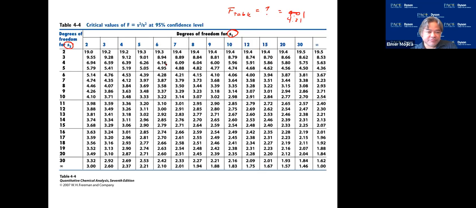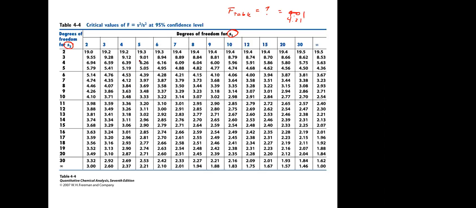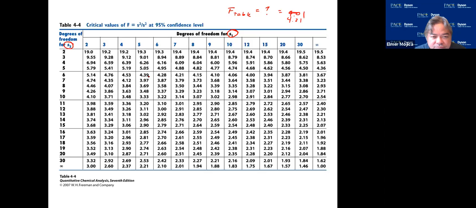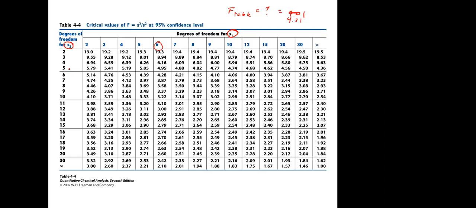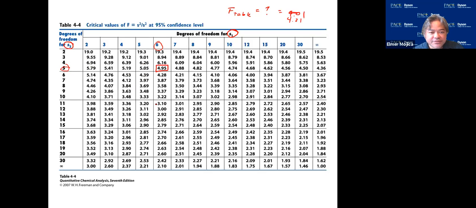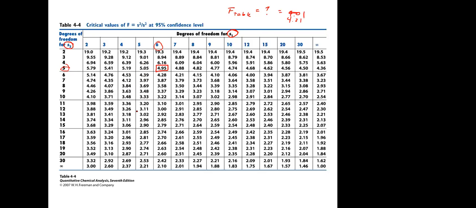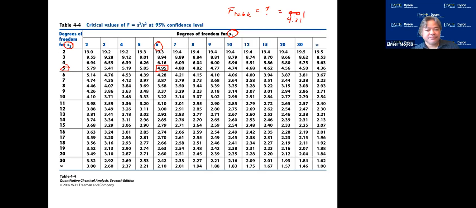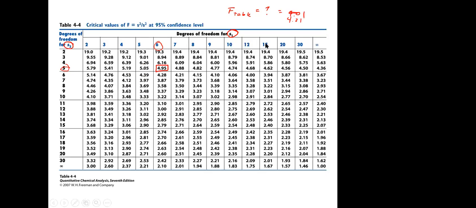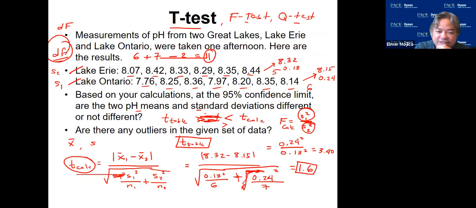So if we're going to look where it is, 7 and 6. Is it what it is? Because if it's a 6, no, it's a 6 and a 5. This should be the one that we need, right? It's not 7 and 6. Why is it not 7 and 6? What is our S1 here?